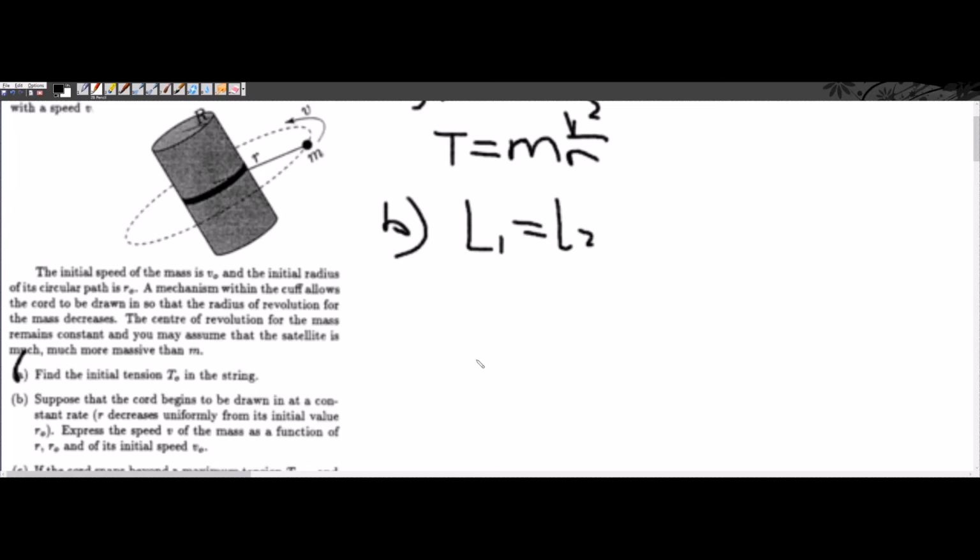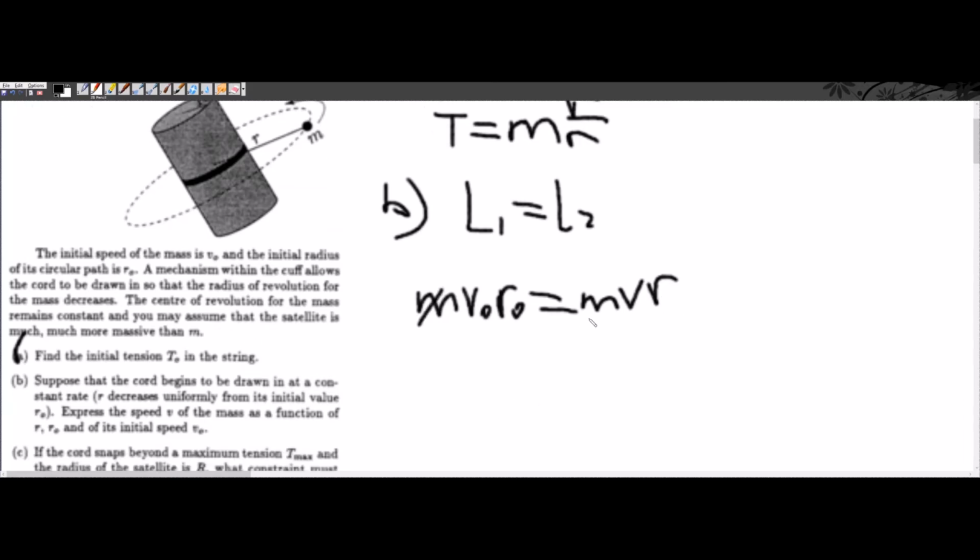So here we can say m v0 r0 is going to be equal to whatever your v and r are after you start drawing it in. So we can cancel out these m's and just rearrange for v. So we get v is equal to v0 times r0 over r.